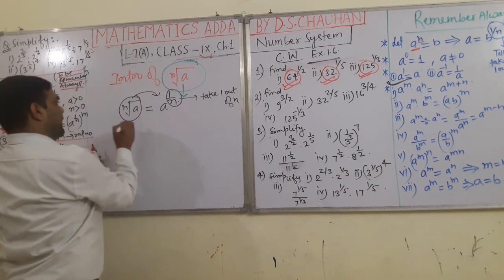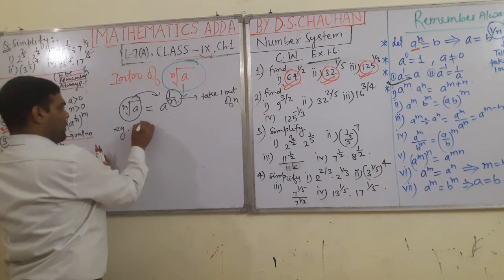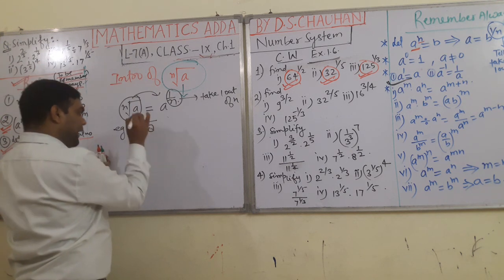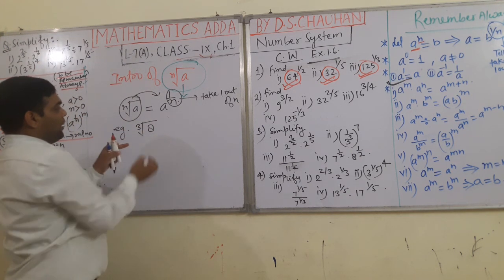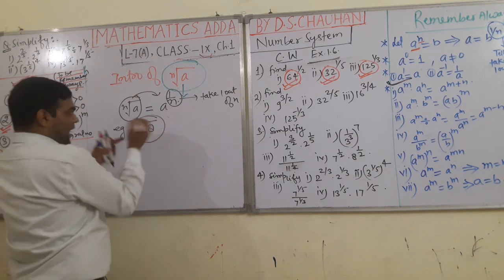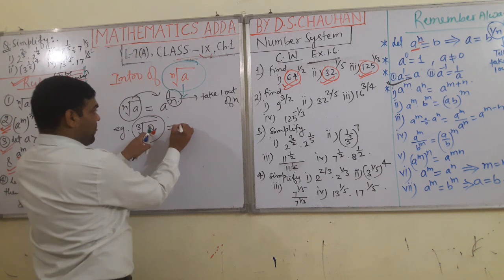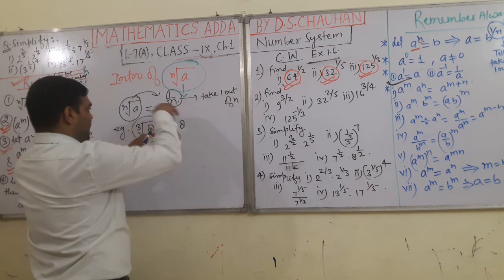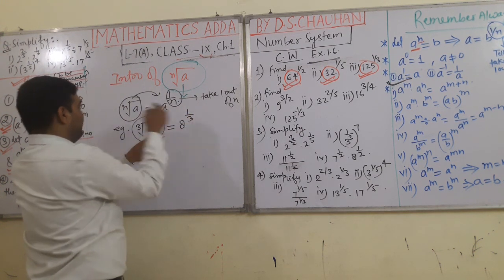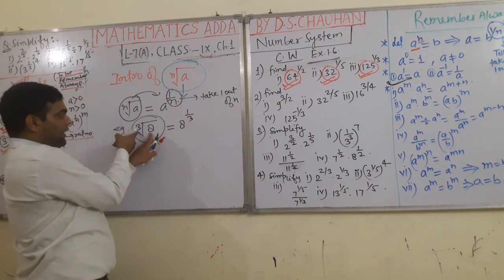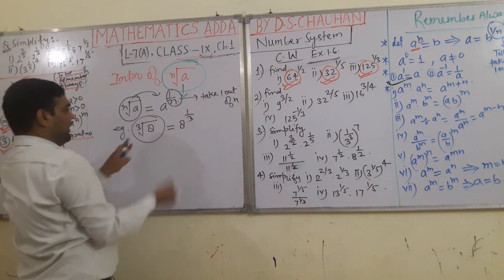For example, see here, if we are writing the root of 8, it can be 8 to the power 1 by 3. If it is n here, we will write the power 1 by n. Here it is 3, so we will write 1 by 3.